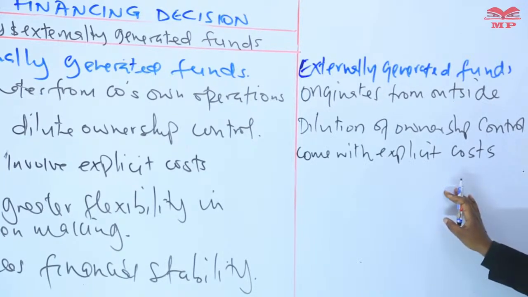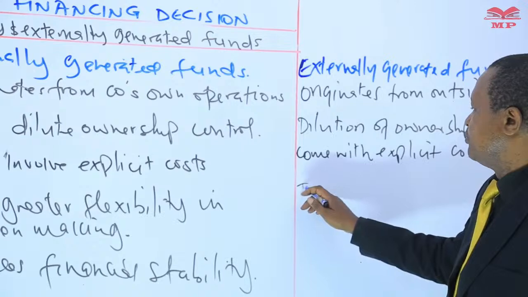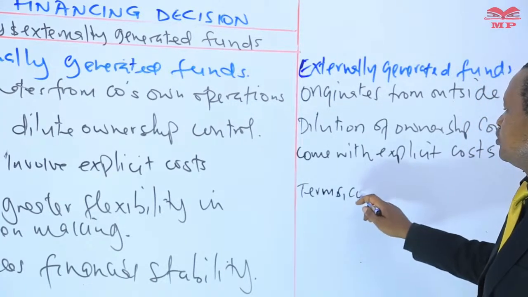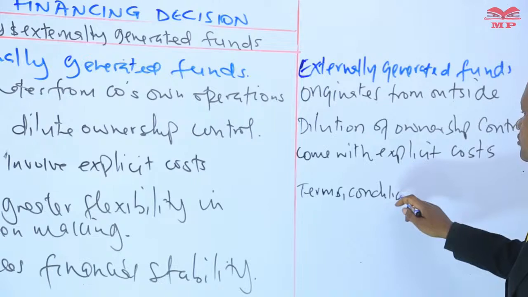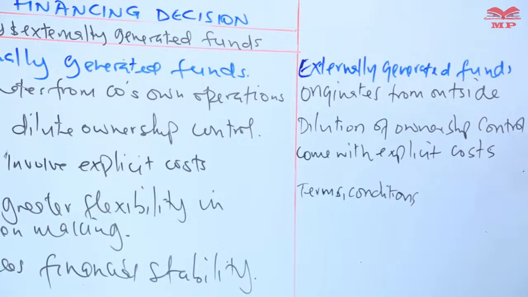External financing may come with specific terms and conditions, covenants, and so on. There is no flexibility in decision making.